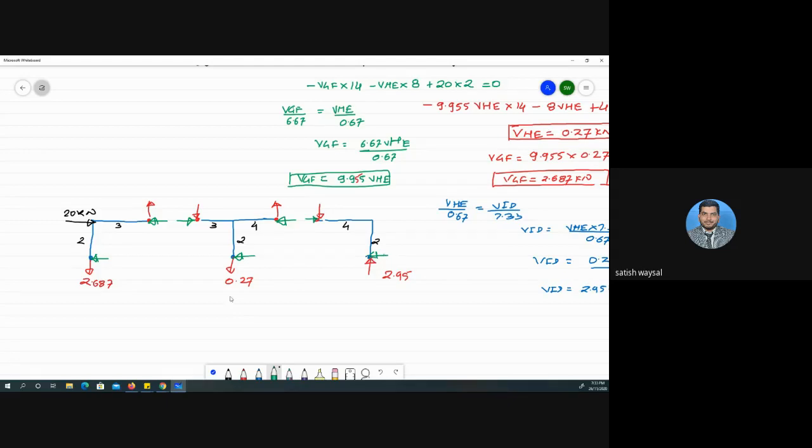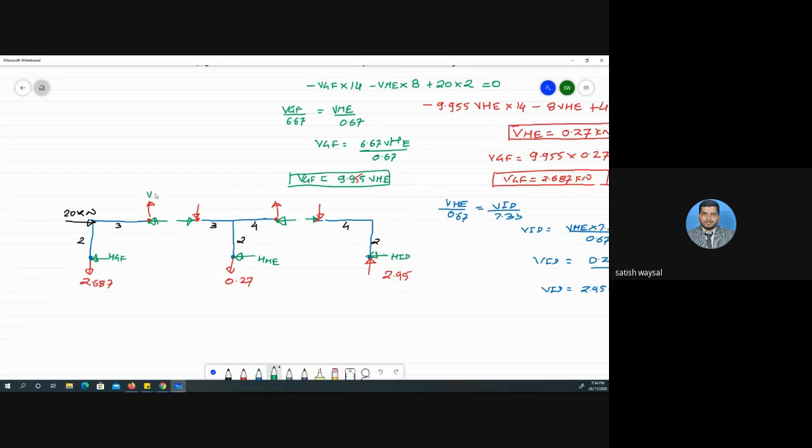Our interest is to find out these forces. We can give names: H, G, F, F, H, E, horizontal force in HE, HID, horizontal force in ID member.